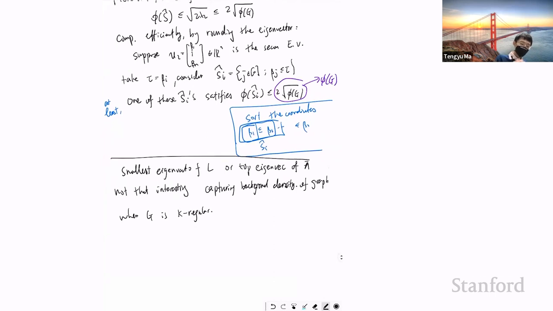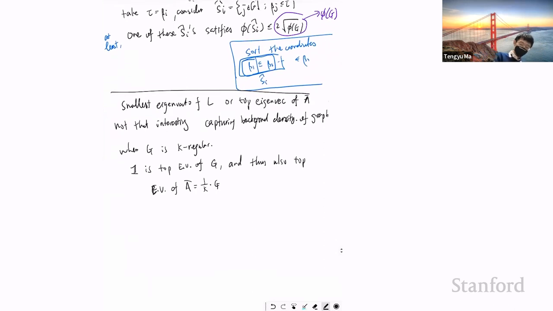Then we know, and I think we stated this in the previous lecture, that the all-ones vector is the top eigenvector of the adjacency matrix of G, and thus also the top eigenvector of A bar, which is just 1 over kappa times A of G. So when G is regular, the top eigenvector is just the all-ones vector. In the more general case, it involves scaling based on density.